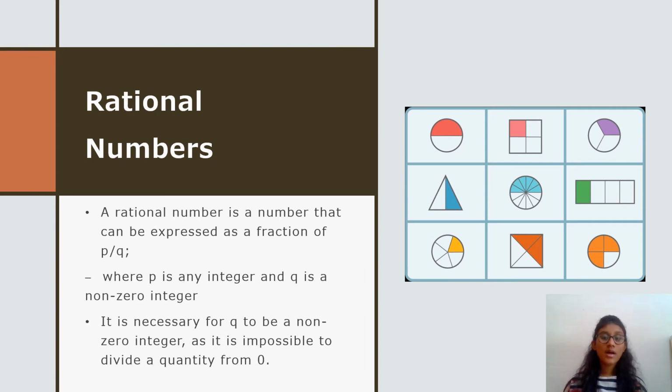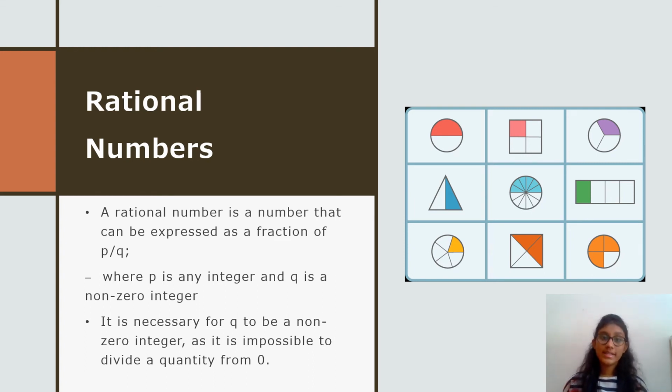Now, what are rational numbers? A rational number is literally any number that can be expressed as a fraction of p/q, where p is any integer and q is a non-zero integer. It is necessary for q, as in the denominator, to be a non-zero integer, as it is impossible to divide a quantity from 0.